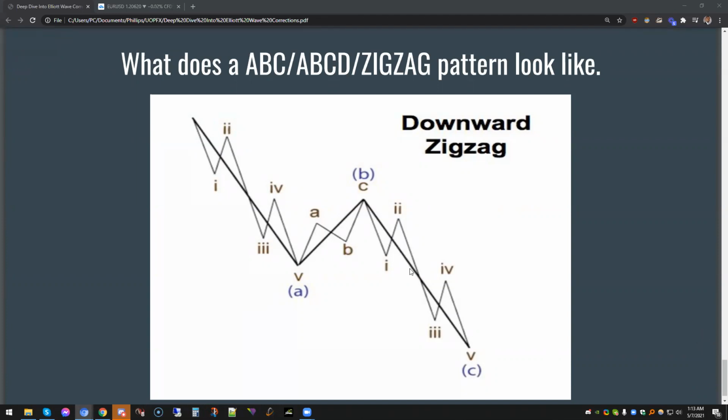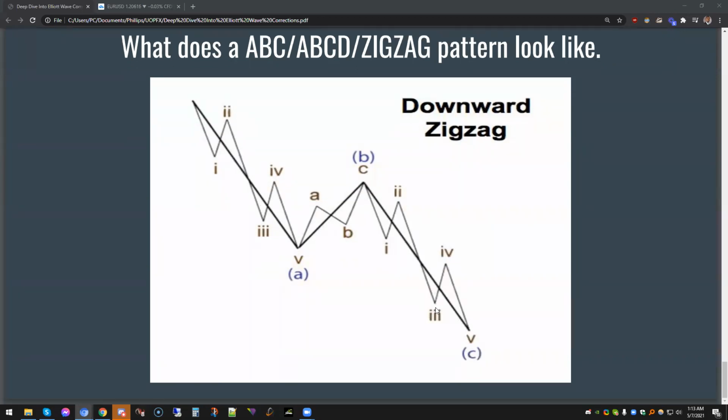That's another variation of what we refer to as ABC. In a pattern where you have AB equals CD, generally AB will be a 5-wave move and CD will also be a 5-wave move. So that's basically what a zigzag is.